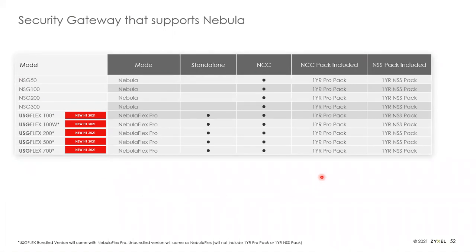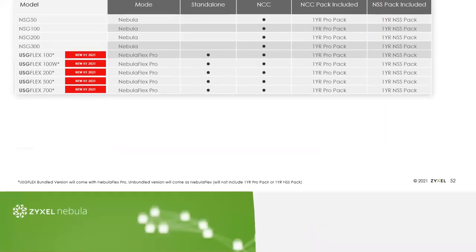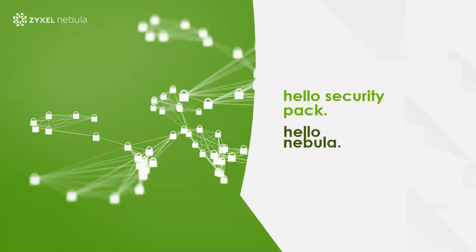On the security gateway side of things, we do have a separate license for the UTM features. So all of our gateway products will come with 1 year of Pro Pack out of the box and 1 year of the network security services.